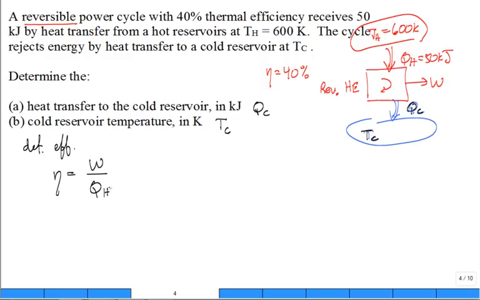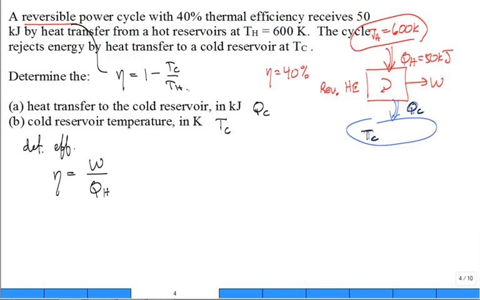All right. If it's a reversible power cycle, is that thermal efficiency equal to 1 minus Tc over Th? It is. You could use that. There's more than one way to solve this problem. You could use that information to solve for the answer for part B right away, couldn't you?